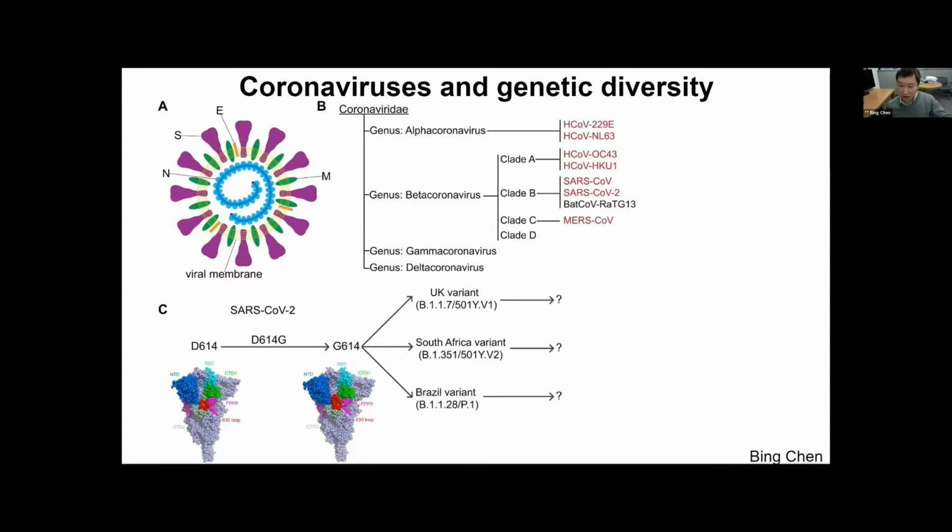At the moment it's hard to predict what kind of new variants we will be having in the near future.